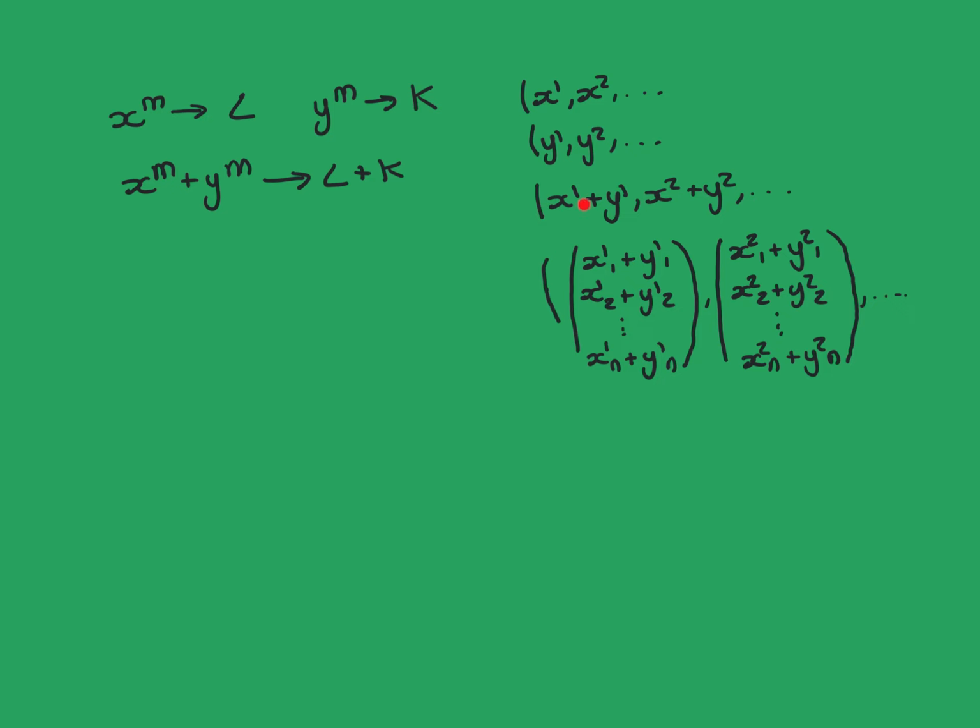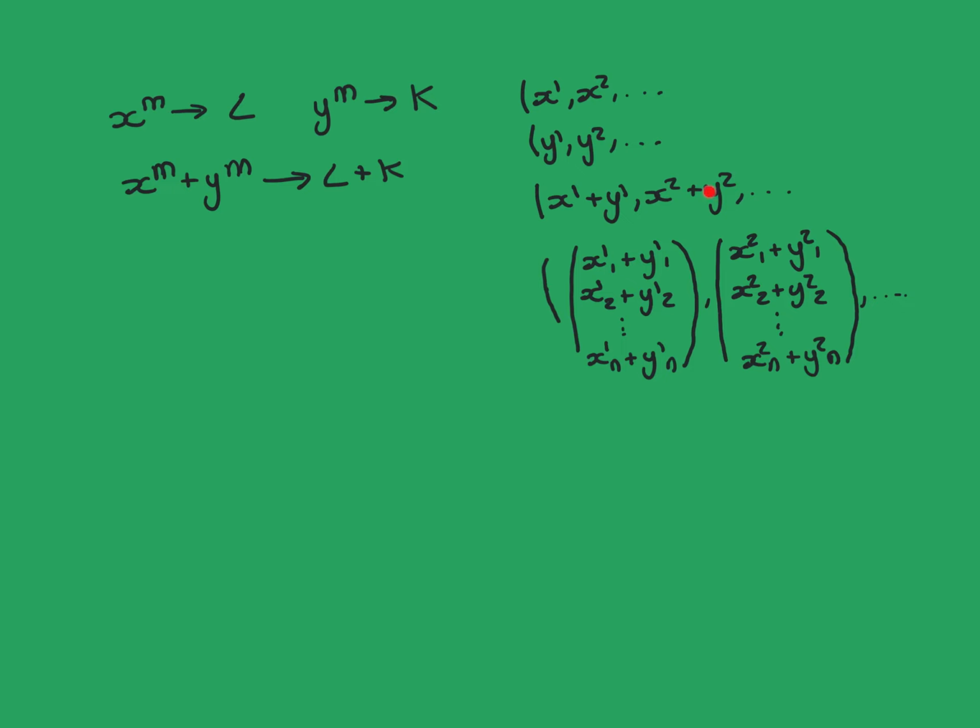Let's write out this vector sequence in full, with all of the coordinates. Here is the first term in full gory detail. Its first coordinate is x11 plus y11. The second coordinate is x12 plus y12, and it goes all the way down to x1n plus y1n.